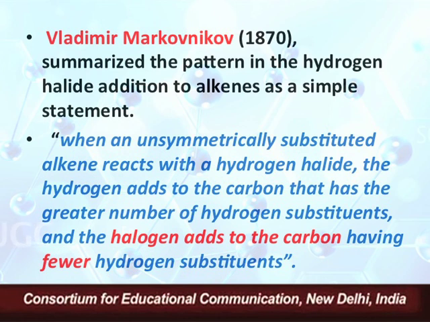Markovnikov simplified this rule in 1870 in a simple statement. He said that when an unsymmetrically substituted alkene reacts with a hydrogen halide, the hydrogen adds to the carbon that has the greater number of hydrogen substituents, and the halogen adds to the carbon which has fewer hydrogen substituents.